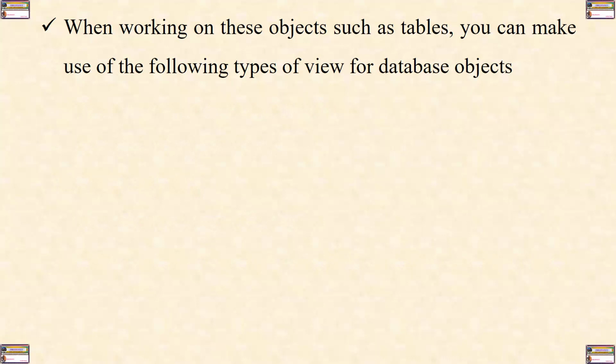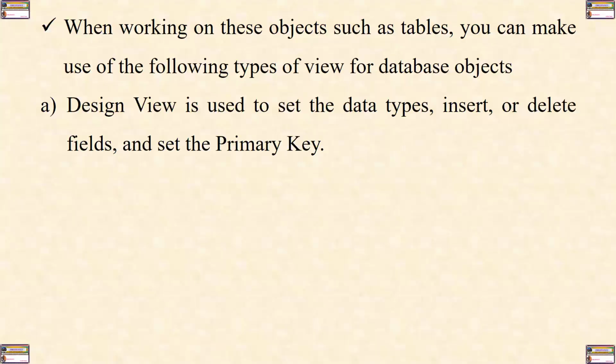When working on these objects, such as tables, you can make use of the following types of views for database objects. In other words, when you are creating or manipulating or performing any activity using the objects that you have looked at, the tables, the queries, the forms, the reports, the macros and the modules, you can always do that in a number of views, but it depends on the activity that you want to carry out in an object.